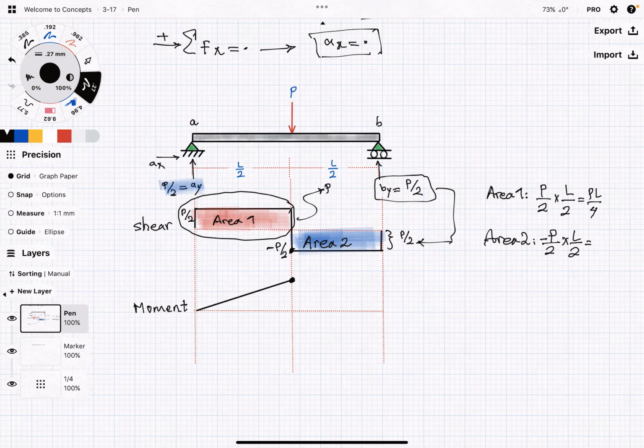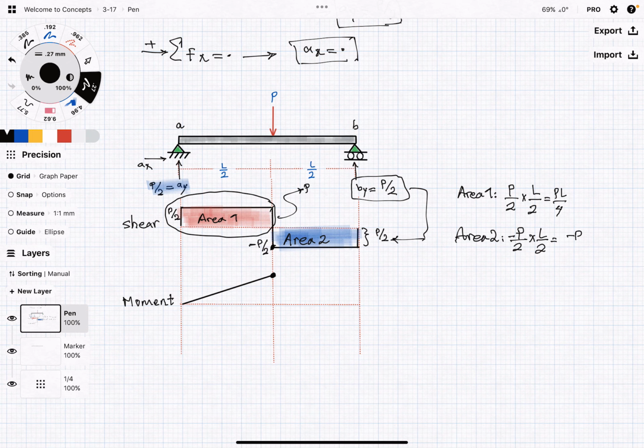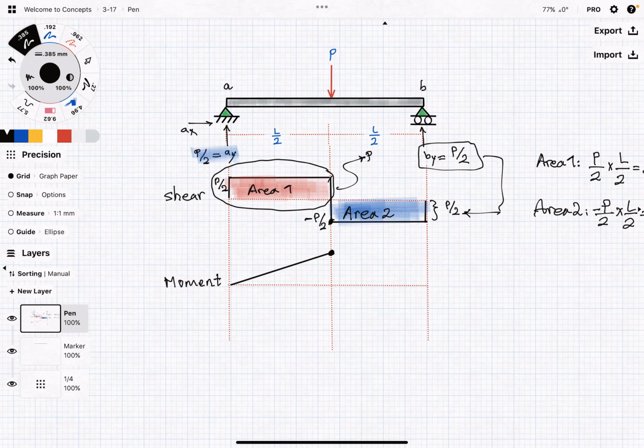That would be minus PL over 4. So it means the bending moment decreases to 0. So initially it increased because of the positive shear force, and then it decreased because of the negative shear forces that existed in our beam.